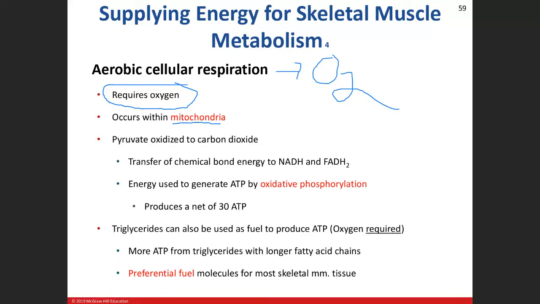So oxygen is going to be pyruvate's friend. Glucose comes into the cell, undergoes glycolysis, and we break it down into 2 pyruvate molecules. If oxygen is present, then that oxygen is going to take that pyruvate and bring it into the club, bring it into mitochondria.